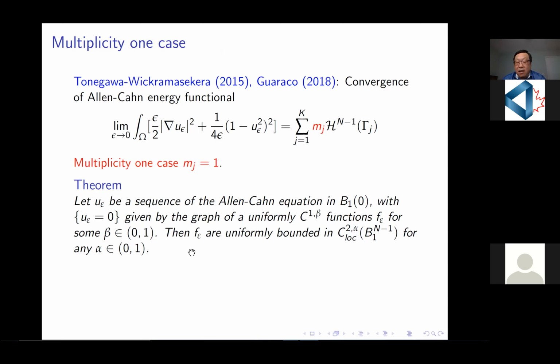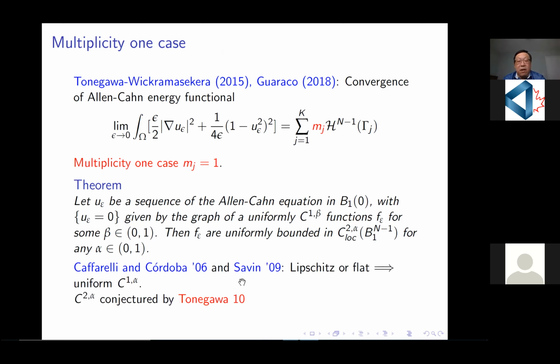This answers a question by Tonegawa in 2010, which was conjectured in his paper. So in the multiplicity one case, we can always get from C1 alpha to C2 alpha.